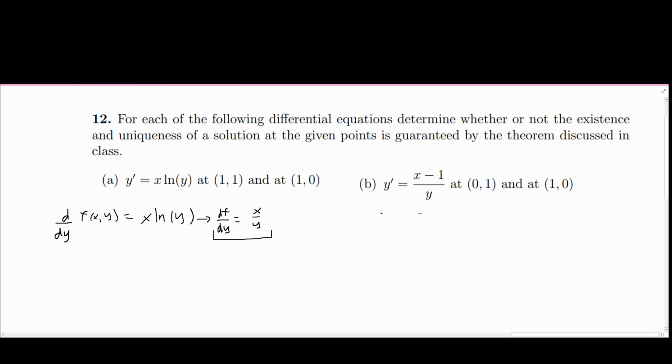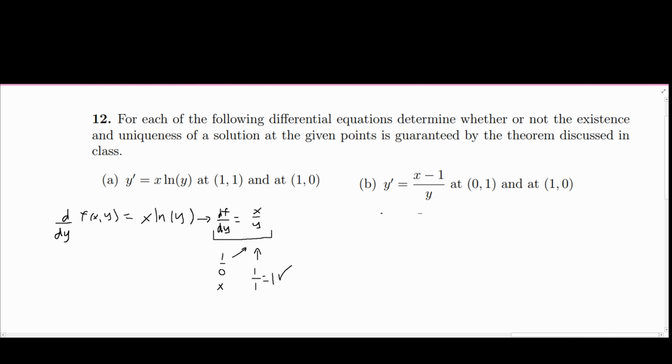Well, the answer is yes. 1, 1 is just 1 over 1, which equals 1, which exists. Now, we also have 1, 0. Since 0 is in the y position, 0 goes to y. This does not exist since 1 over 0 is not valid.